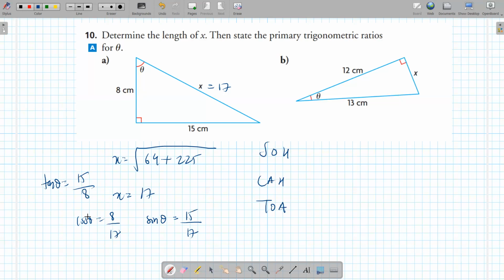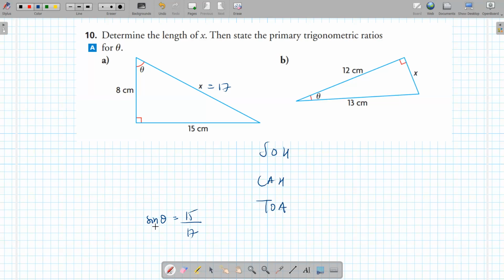Easy peasy. How would you find theta here? If the question asked you for A, find theta, what do we do? You will need to get rid of the sine. You can think of it as dividing both sides by sine, but that's not technically correct.